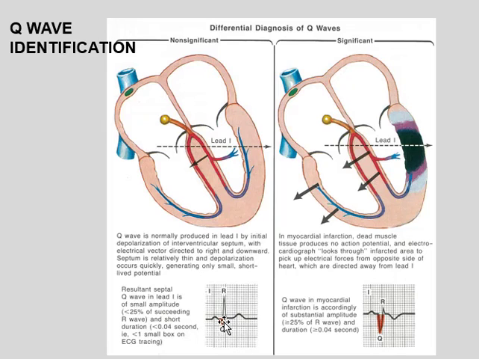This can cause a little negative blip on the QRS complex. Whereas on the right-hand side, with an infarction, which is electrically silent, the main vector of conduction is away from that positive electrode, so you get a much bigger Q wave here. And the position of the Q wave in relation to the lead tells us what part of the heart is being affected.